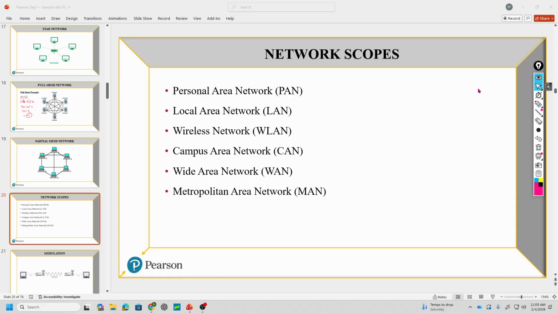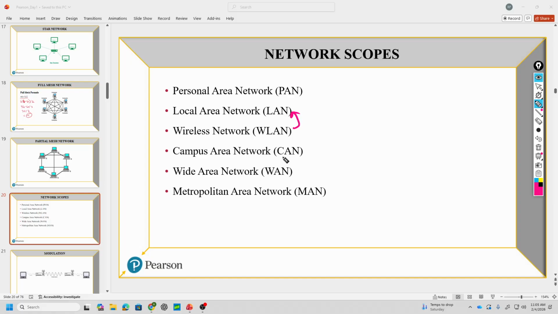Then there is the common local area network. That's everything inside the building, typically, right? It's under our control. Then we have our wireless network, or wireless LAN, which is just the wireless that's inside it. It would fall underneath, right, the local area network.